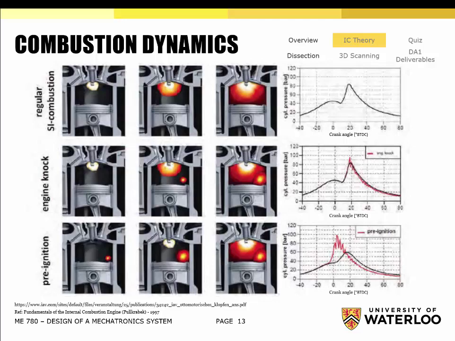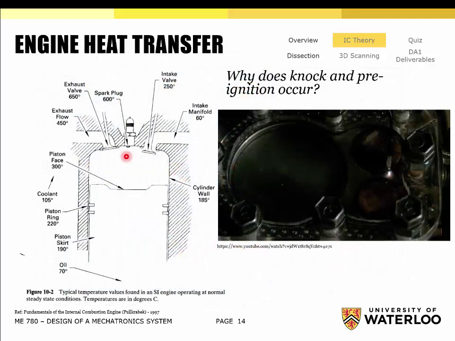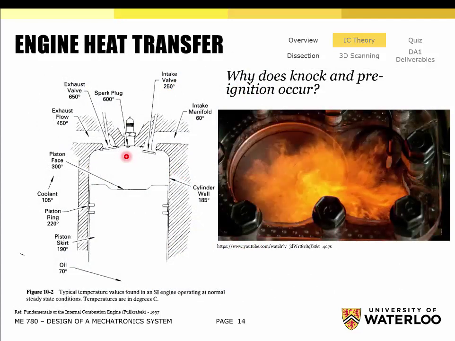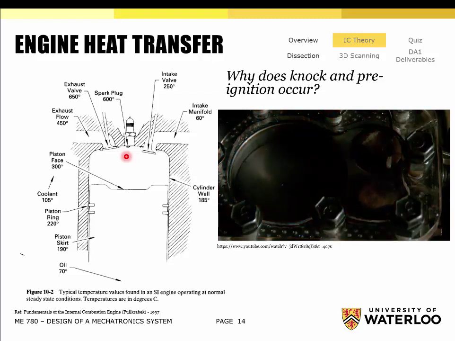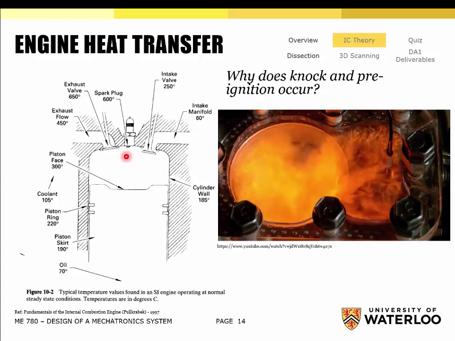Okay, next slide. This slide is probably going to be useful to a lot of you. From an engine heat transfer perspective, if we look at the steady state temperatures of the components inside a cross section of the cylinder, we can start hot and go cold.